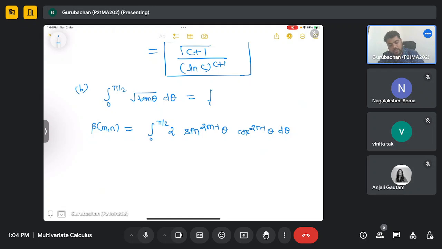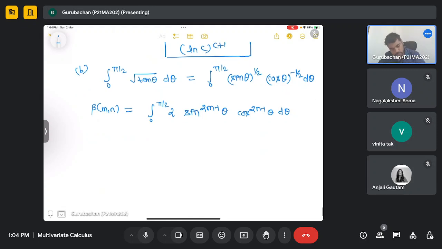For that, we can just rewrite it as the integral from 0 to pi by 2 of sine theta to the power half, cos theta to the power minus half. We can rewrite it like this. Now this will be the integral from 0 to pi by 2; we can divide and multiply by 2. Now we have to write it in this type of form, 2m minus 1. So we can write 2 times of 3 by 4 minus 1.